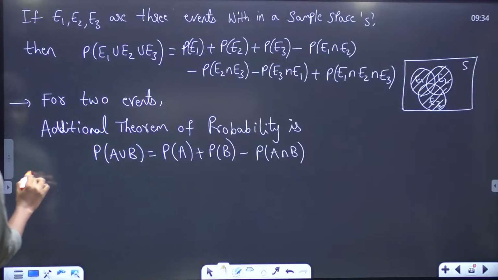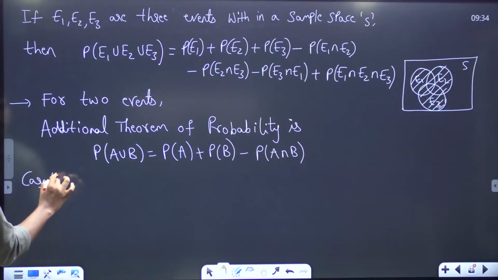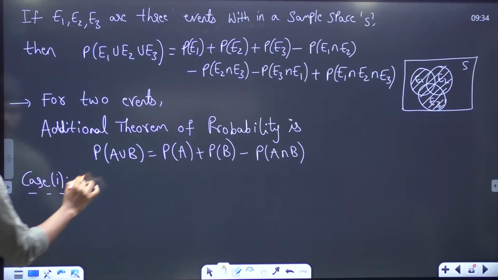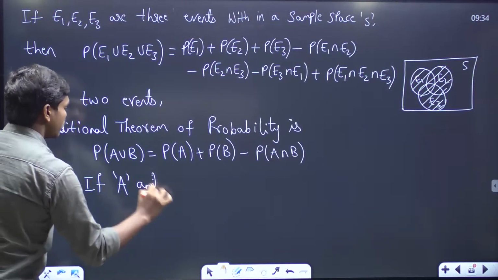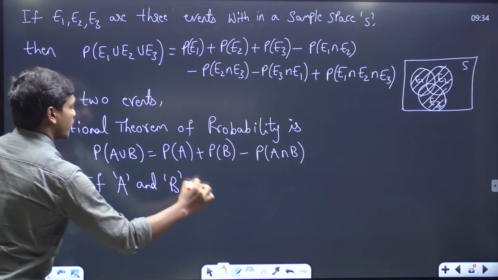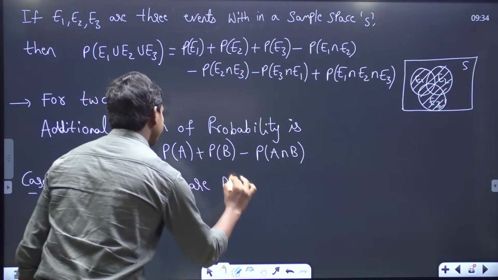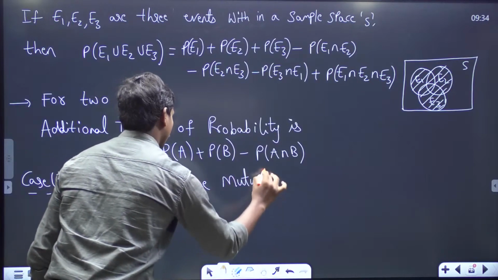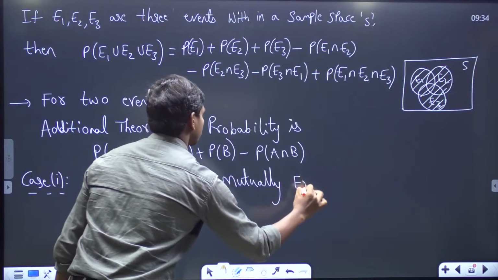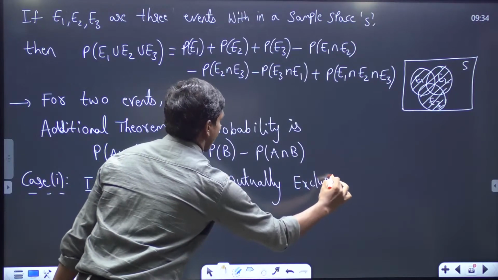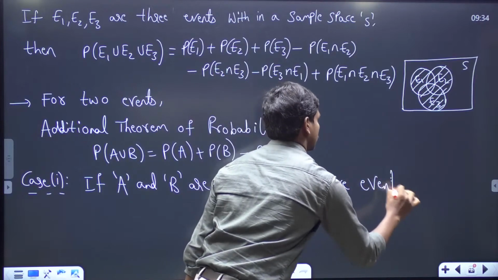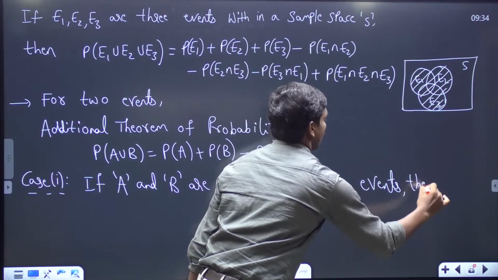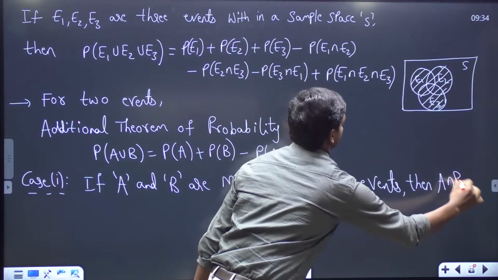Now, case 1. If A and B are mutually exclusive events, then what about A intersection B?